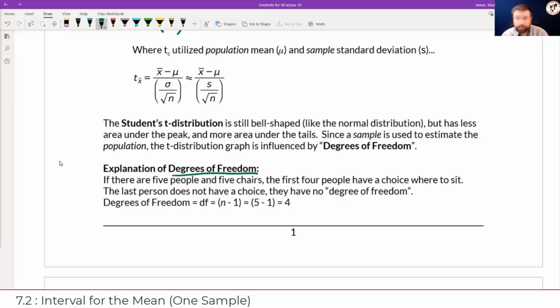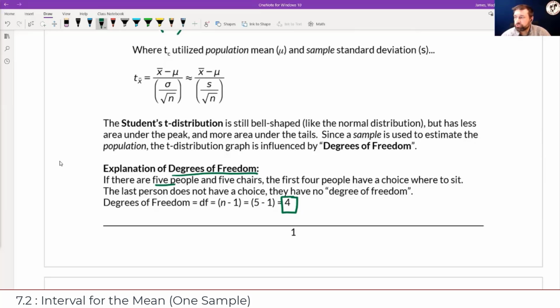The first person has 5 chairs to pick from, so they sit in one of them. And then the next person has 4 chairs to pick from. They can sit in one of them. But the last person has no degree of freedom to pick what chair they want to sit in. There's only one chair left. That's what they get. So if you have 5 people, there are only 4 degrees of freedom because the last person doesn't get to pick, okay?